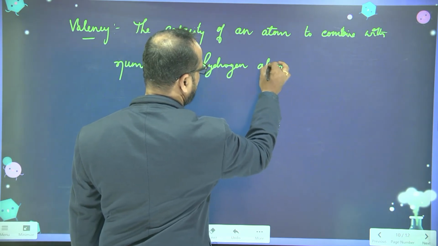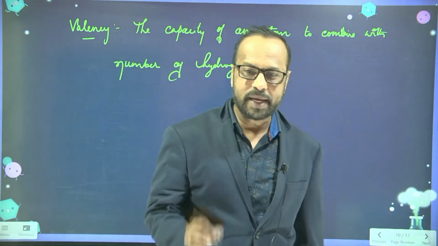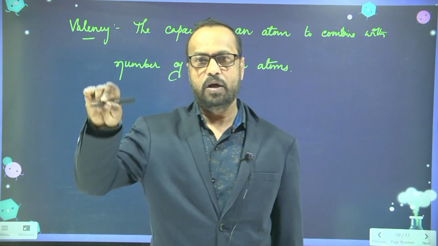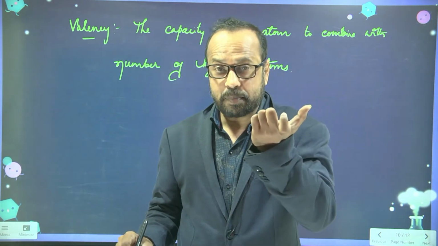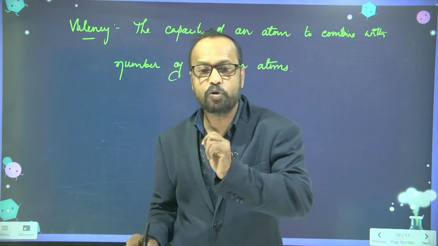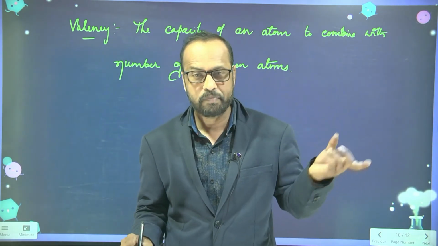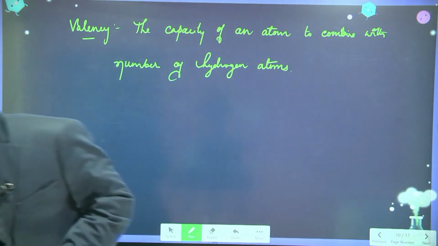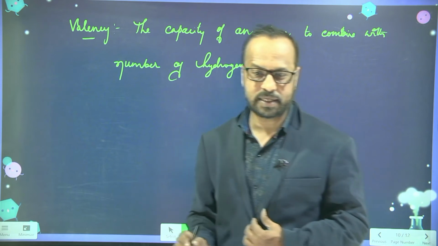That is also called valency. Means what? One atom is combining with how many hydrogen atoms? That capacity, the capacity of one atom to combine with the number of hydrogen atoms, with how many hydrogen atoms it is combining, that is also known as its valency. Is this clear to you?